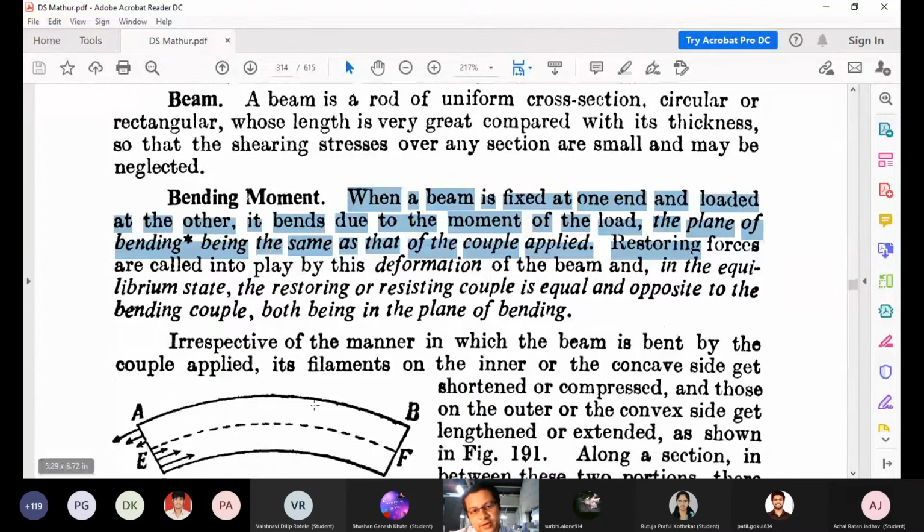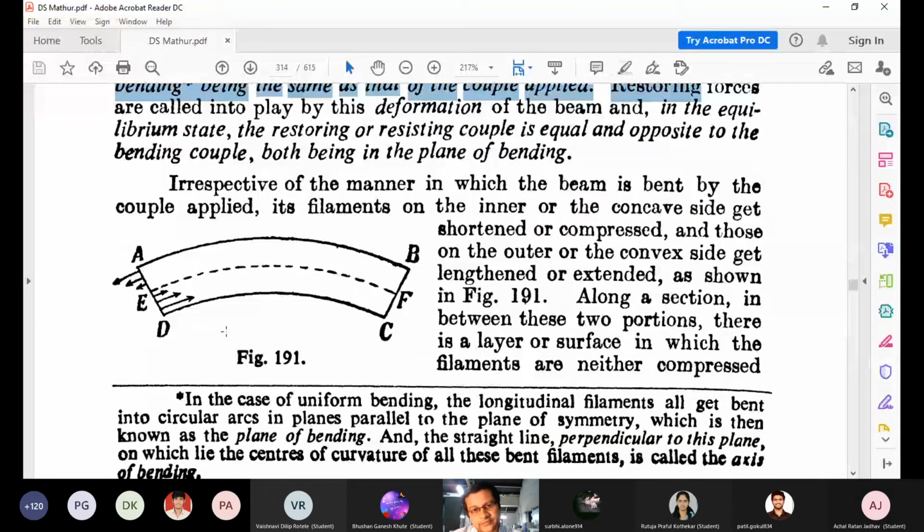So look at the manner in which you apply a force and the bending gets applied. You can see over here, with the cursor, this particular region.